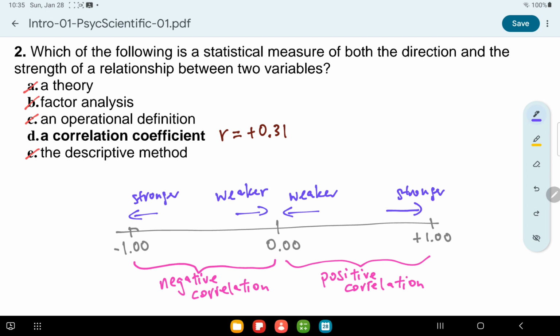So you can see in both cases of positive and negative correlation, the closer the numbers are towards 0, the weaker the relationship is. And here is why.